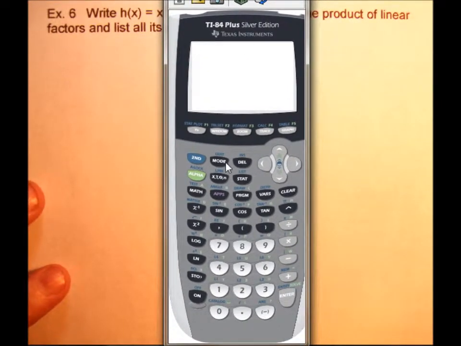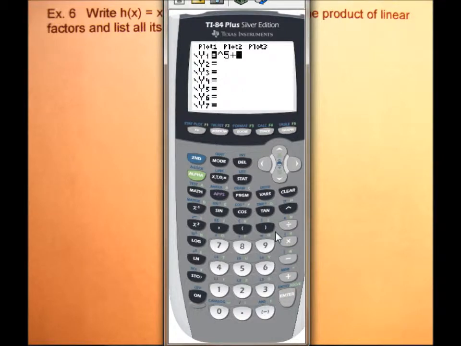Let's go to y equals and type in our equation: x to the fifth plus x cubed plus 2x squared minus 12x plus 8. Sorry, it's taking me longer than it probably would you on your calculator.